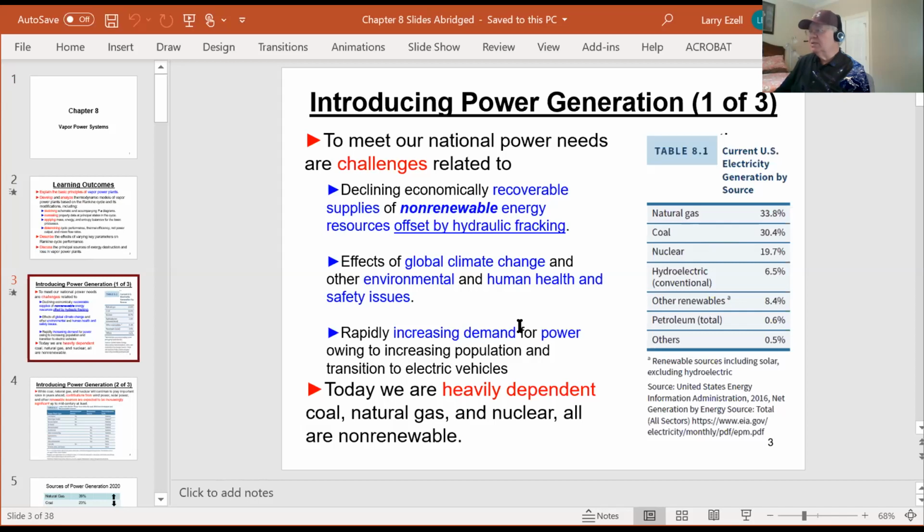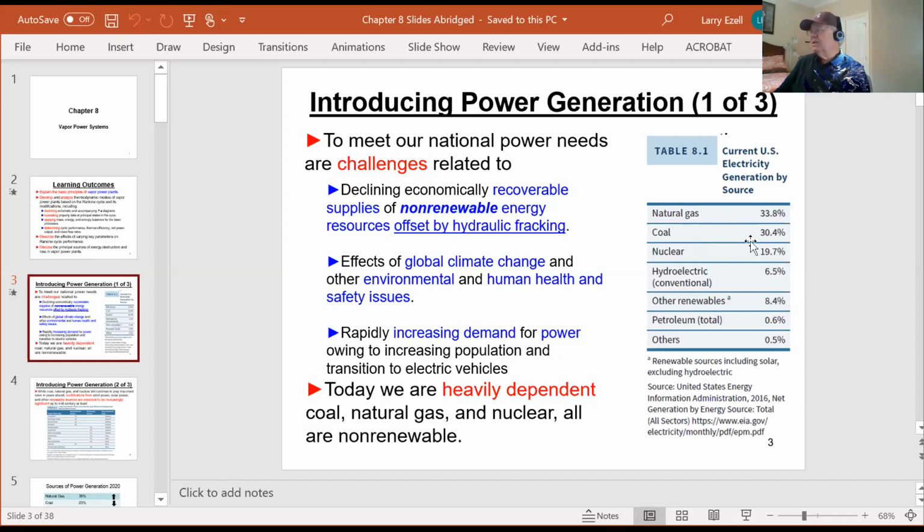But in the United States, the growth for electrical power is positive, increasing a few percent a year, but the growth has really slowed down as we become more energy efficient. And today we're heavily dependent on coal, natural gas, and nuclear, which are all non-renewables.